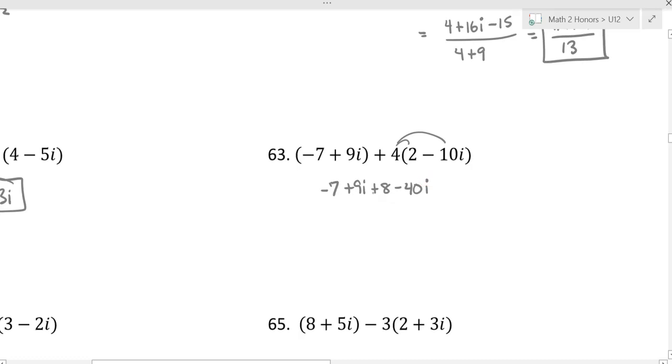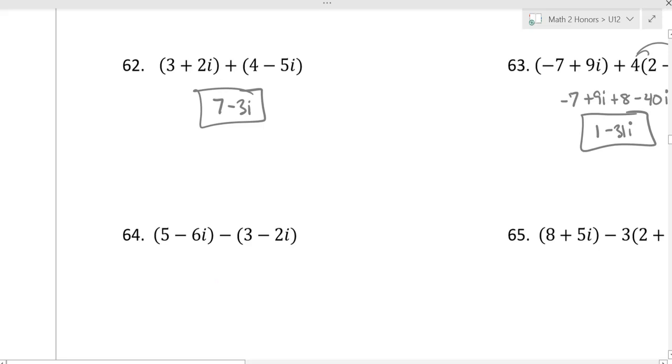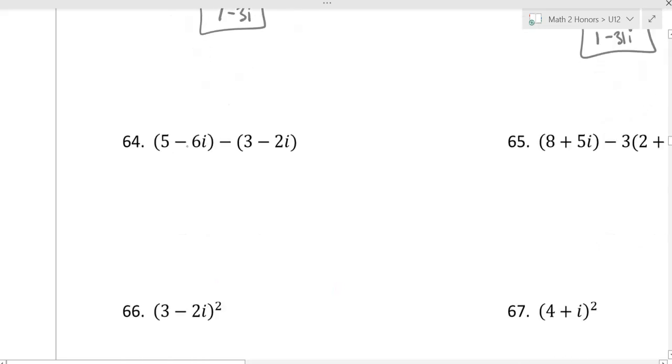So negative 7 plus 8 is 1, and 9 minus 40 is negative 31i. So 1 minus 31i. On 64, distribute the negative. You get 5 minus 6i minus 3 plus 2i, which is 2 minus 4i.